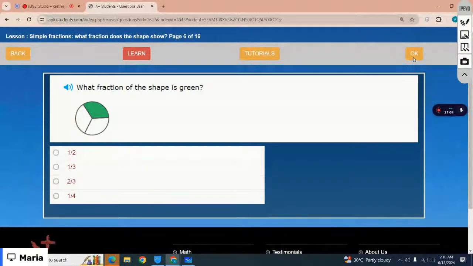What fraction of the shape is green? Which is the correct option? That is 1 out of 3 is green, right? The correct option is 1 out of 3.